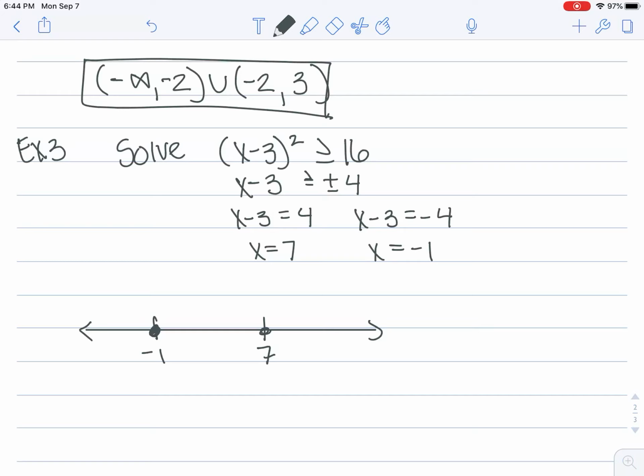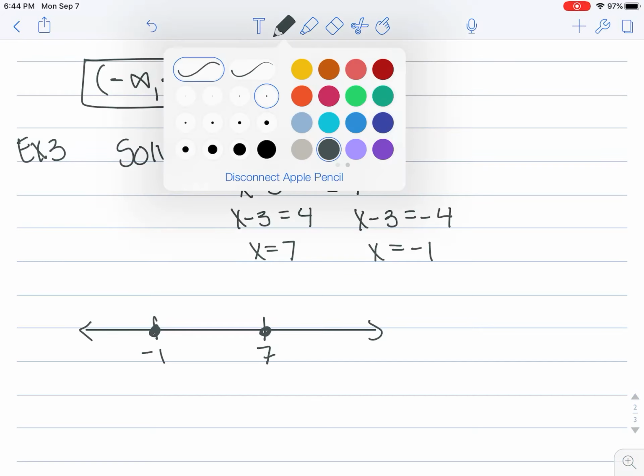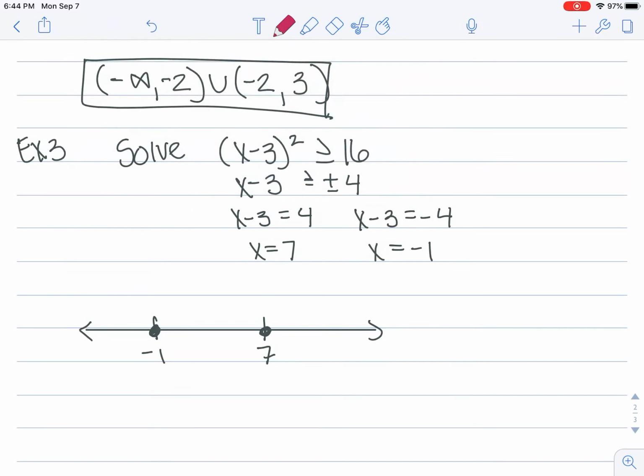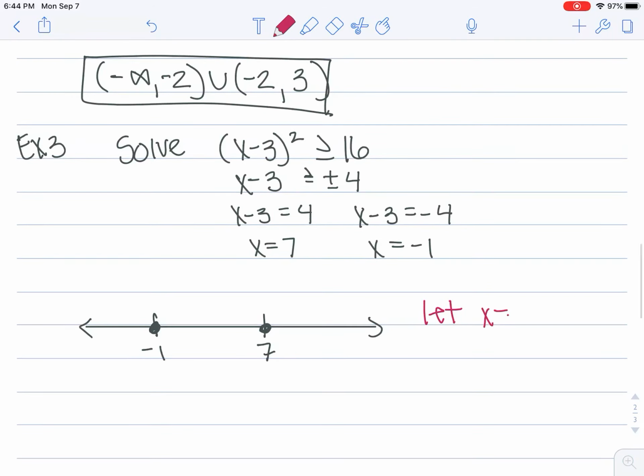So closed, closed. Then I need to make sure I tell my teacher what I am testing. So I'm going to let x equal -2 for the left one. Let x equal 0 for the middle. And then, whoops, let's go 8. That's probably the easiest ones to do.